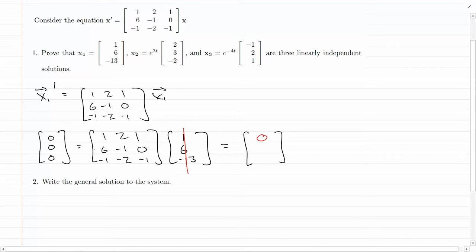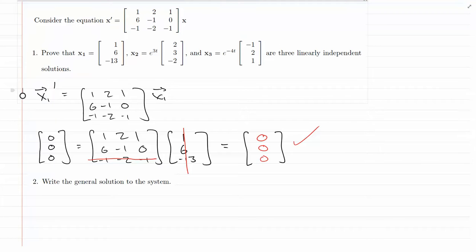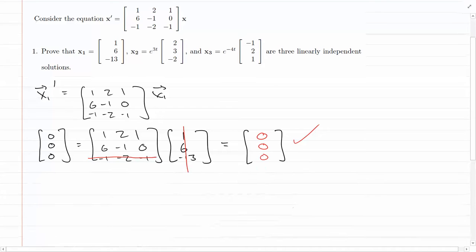Then it's the second row with that column, so that would give me 6 minus 6 plus 0. That's 0. Then the third row times the column gives me negative 1 minus 12 plus 13. That's also 0. So that proves that x1 works. x1 is a solution.